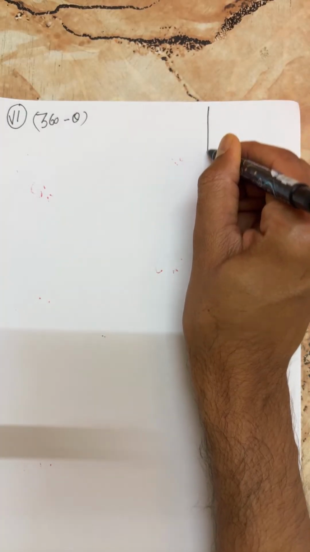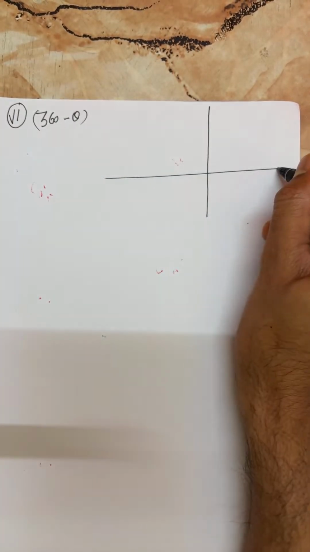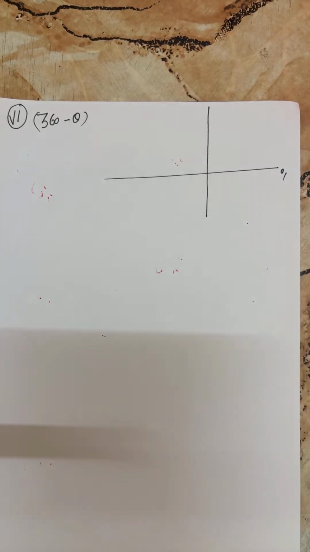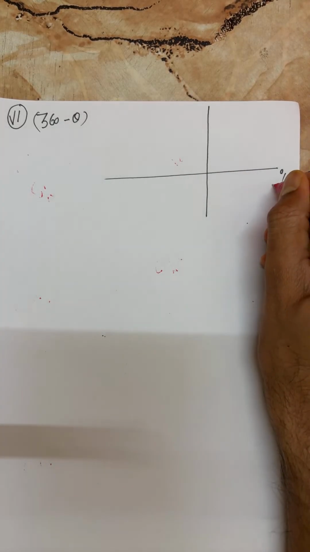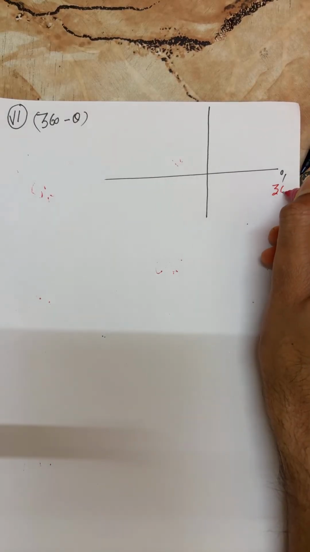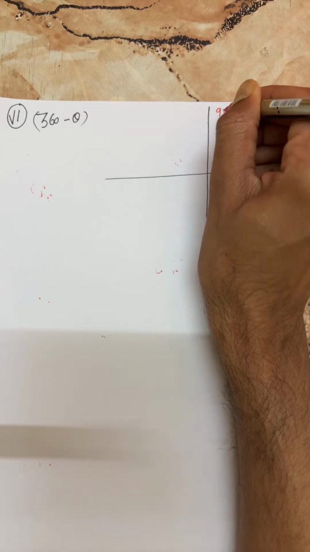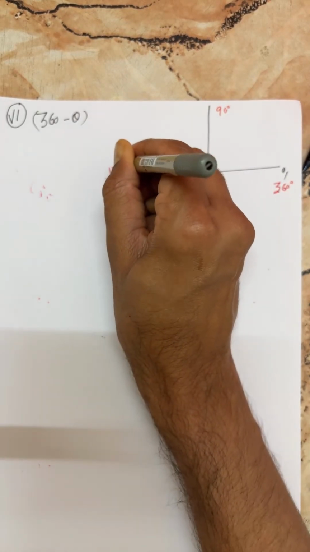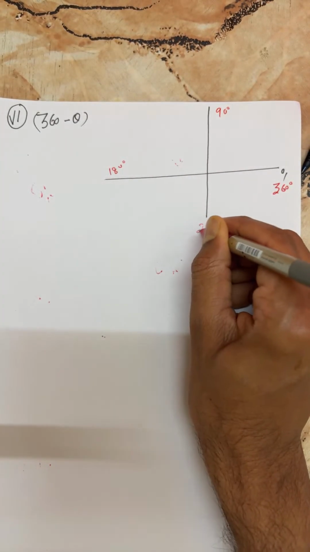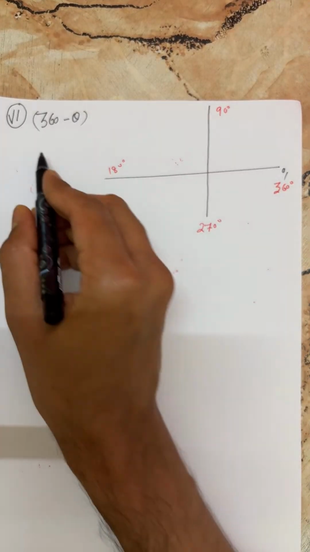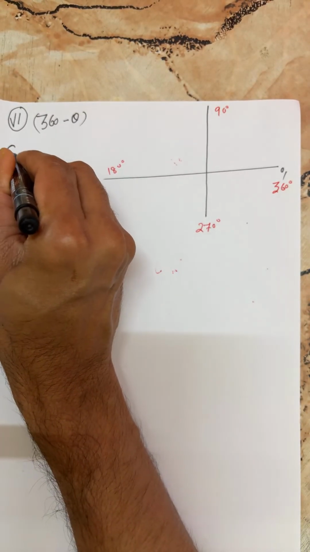Again, I'll make the quadrant here for better understanding. This is 0 degree or 360 degree, this is 90 degree, this is 180 degree, and this is 270 degree.